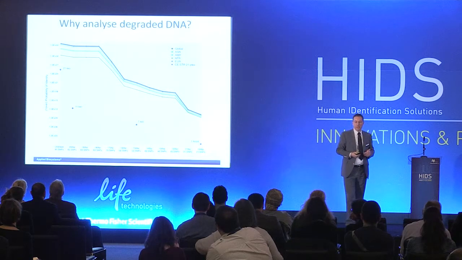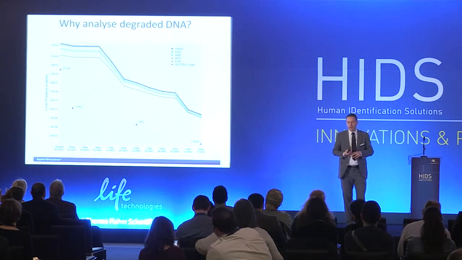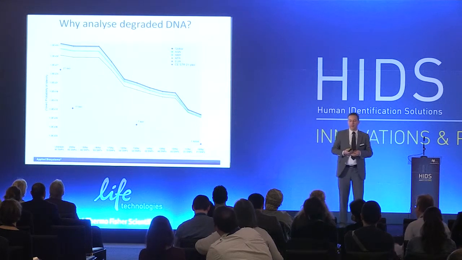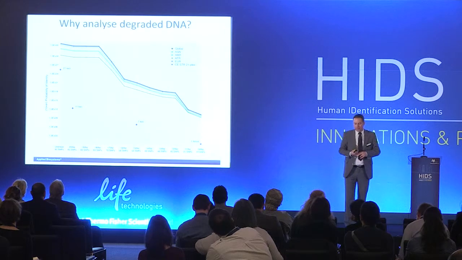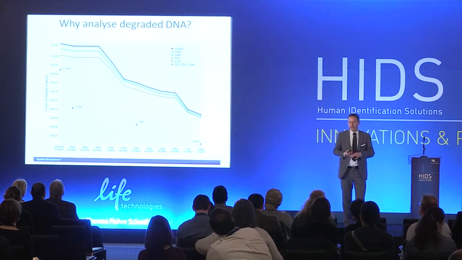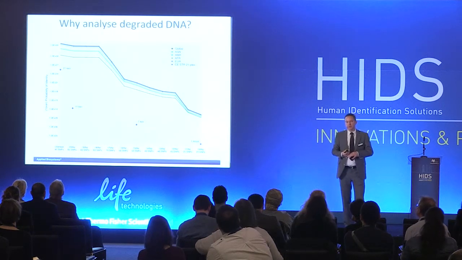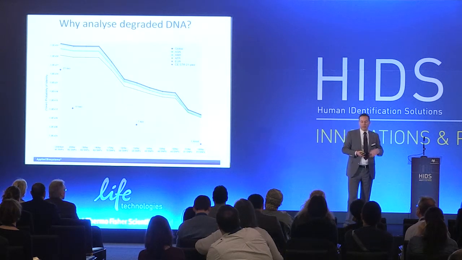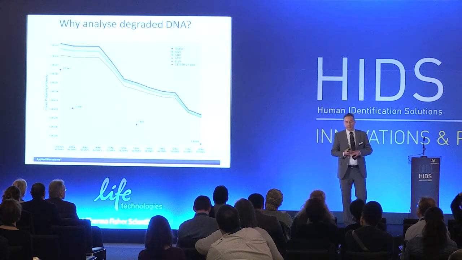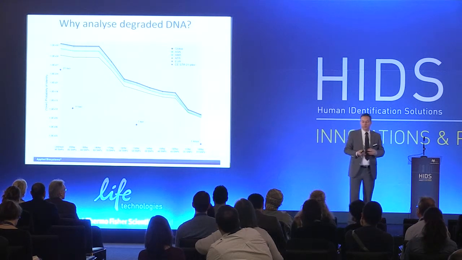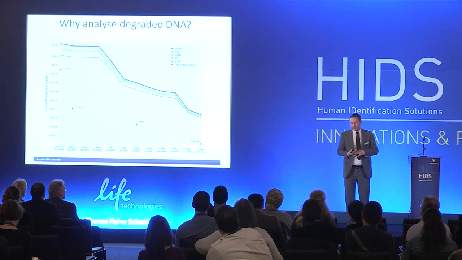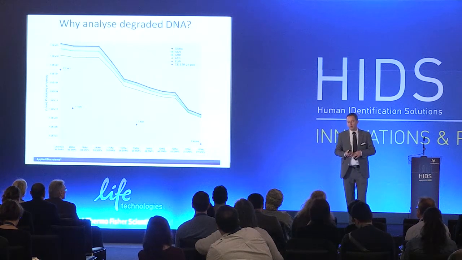Why it does make sense to analyze degraded DNA, we try to show you with this graph. So you see these purple little diamonds. These are the data points for an STR kit analyzed on a CE platform. And you see on the y-axis we have the probability of identity, and on the x-axis, the further you go to the right, the more DNA is degraded and the less loci you recover.